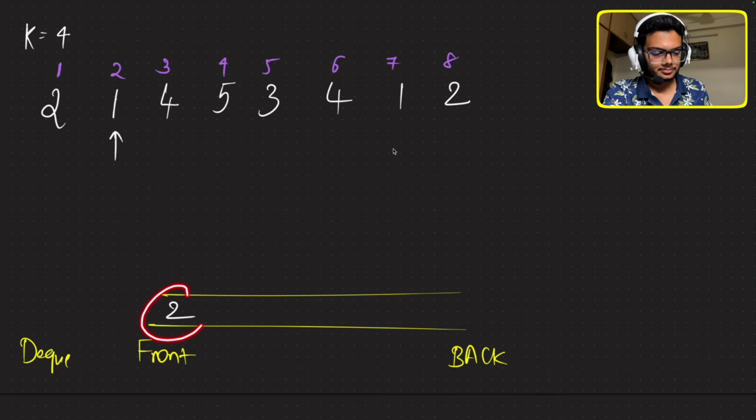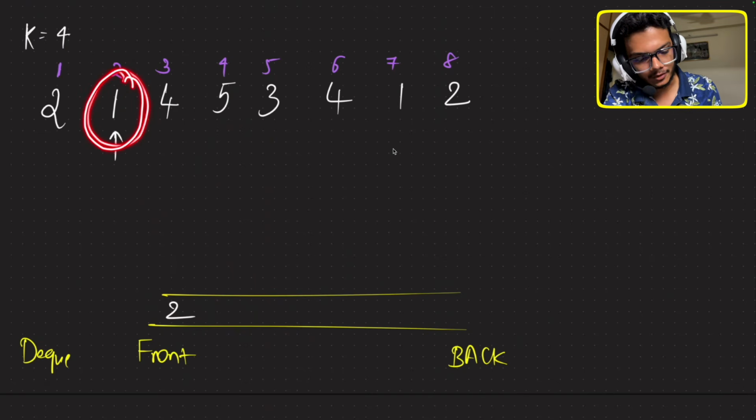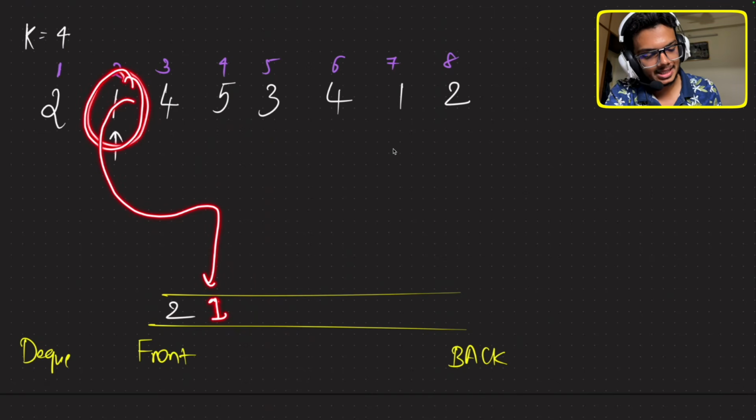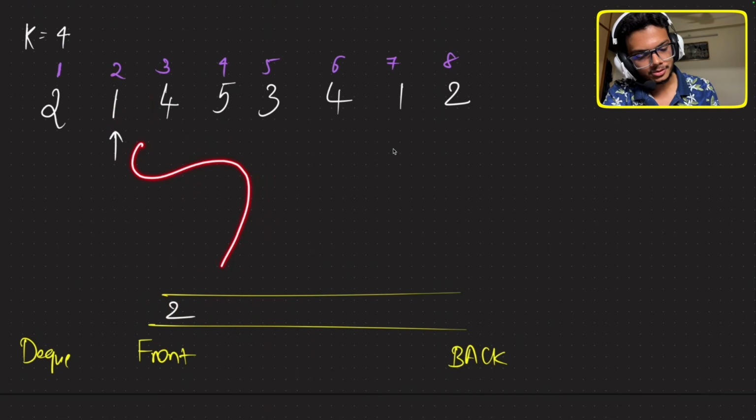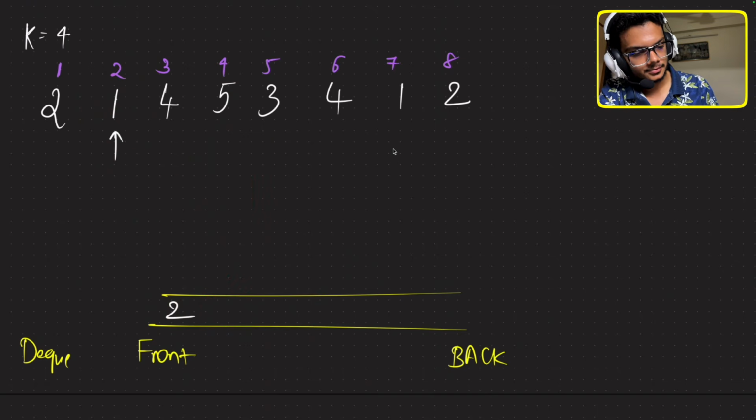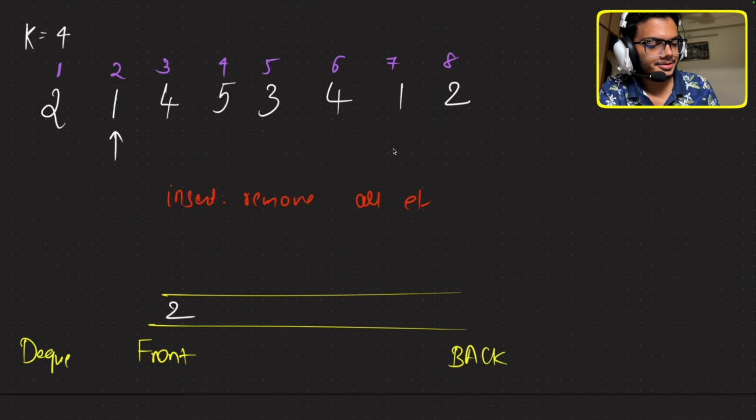In the front, you will always have the minimum element stored, right? So if I have 1, does it make sense to have 2? It doesn't, right? So what you do is, when you try to insert an element in the DQ, you remove. So during insertion, what you do is you remove all elements greater than current, right?